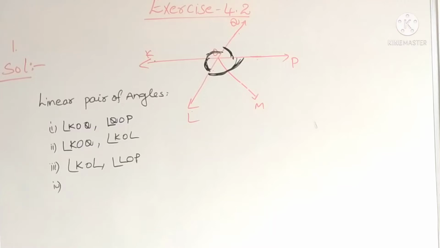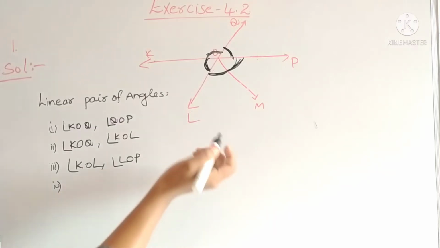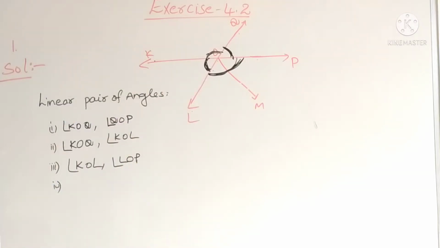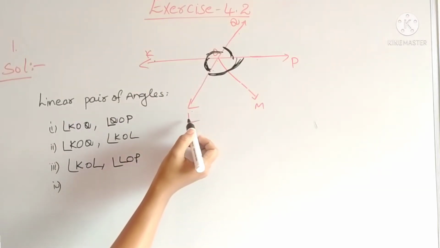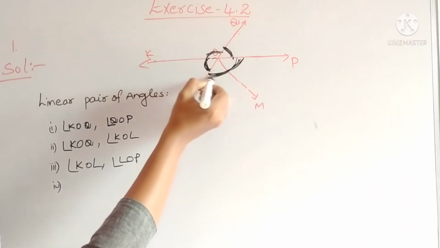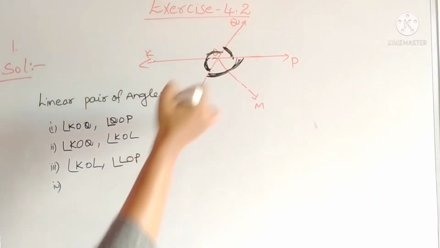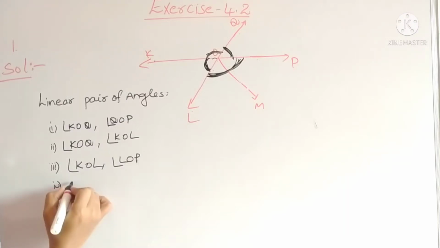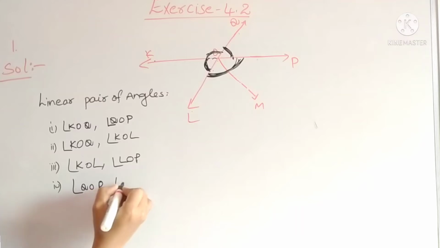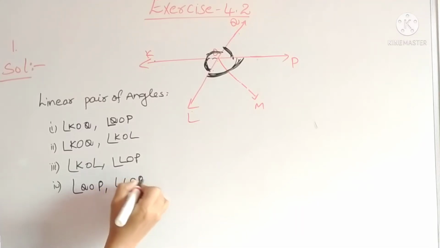Next angle, see here, angle QOP and LOP. These two angles are forming LP line. Okay, so angle QOP, angle LOP.